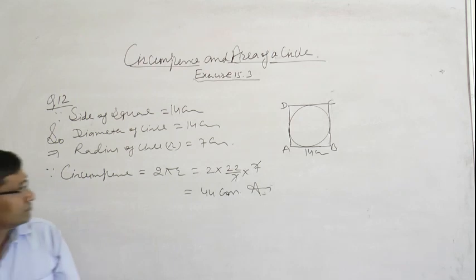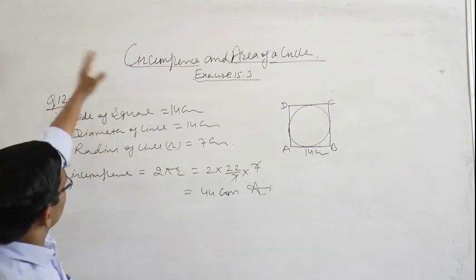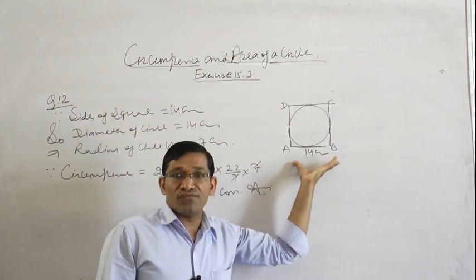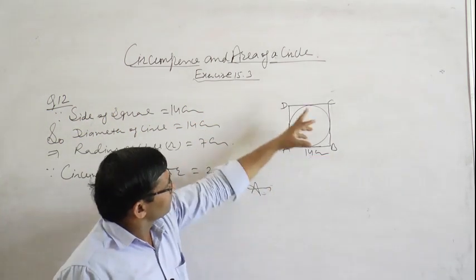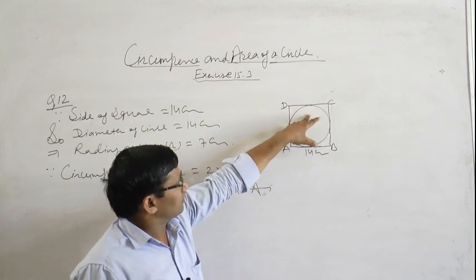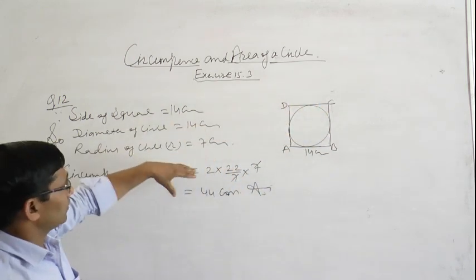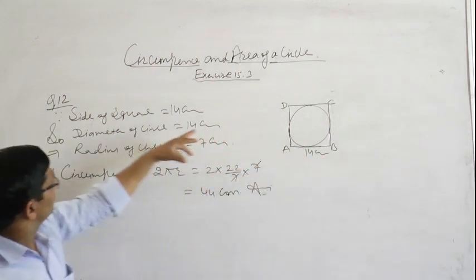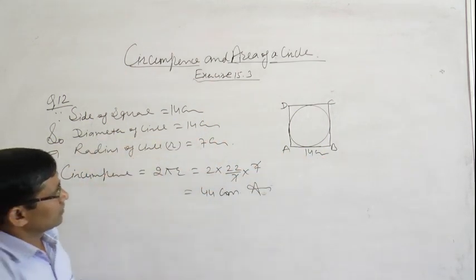So this is the last question of this exercise 15.3. In this question, side of square is given and in circle we want to find out circumference of incircle. Because side of square is 14 centimeter, that is diameter of circle.